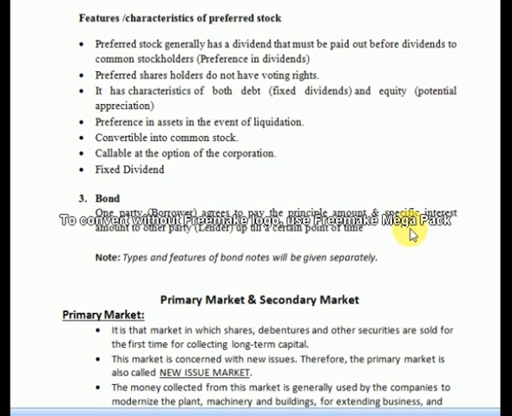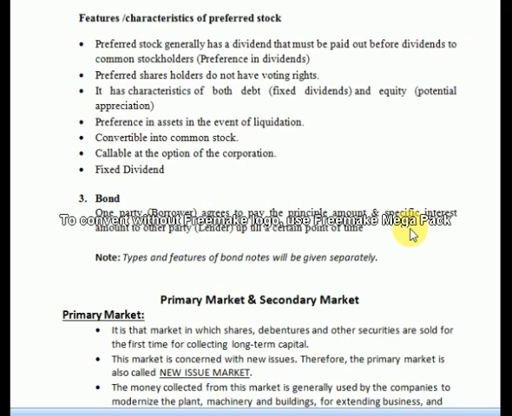The next feature of the preferred stock is fixed dividends. As we discussed in the explanation of the preferred stock, preferred stock has fixed dividends, meaning the corporation will declare fixed dividends for the preferred stock.